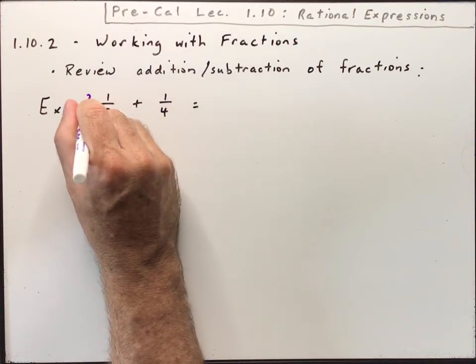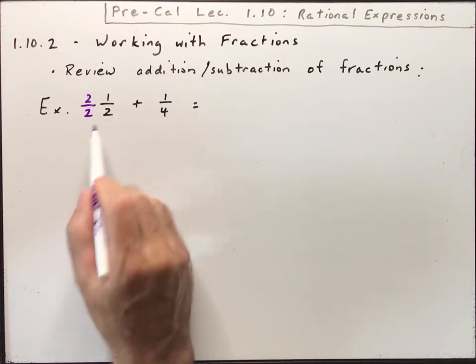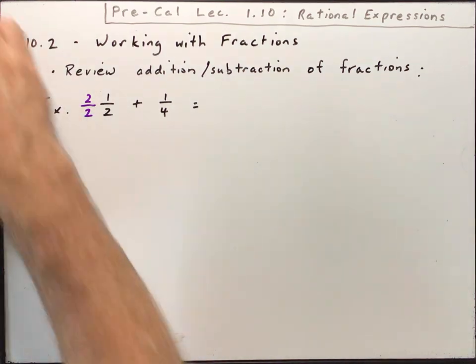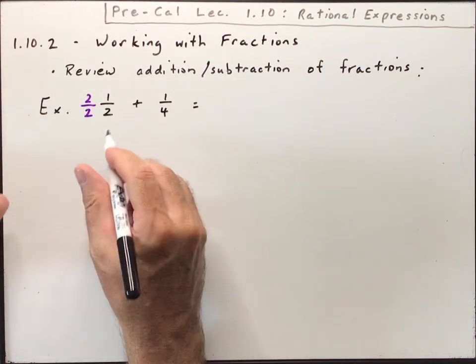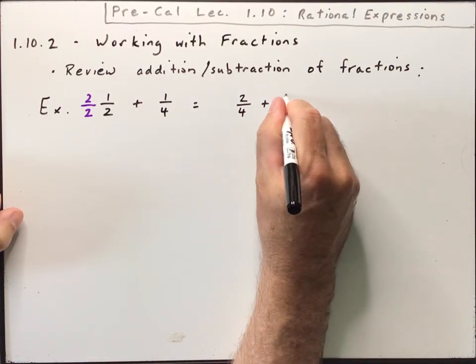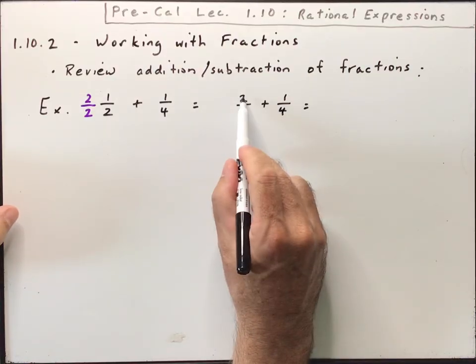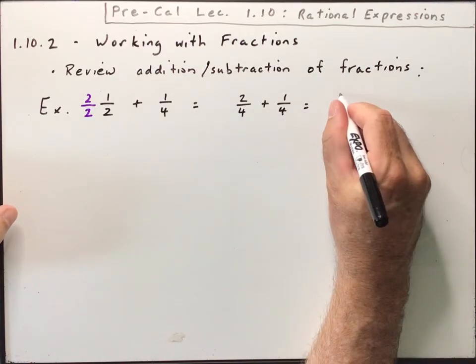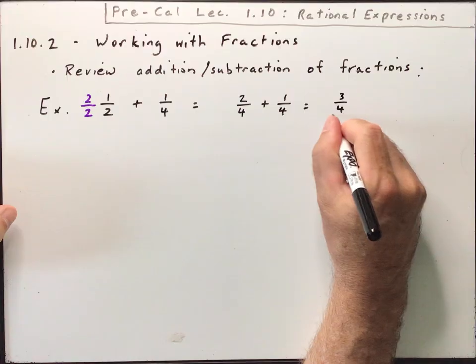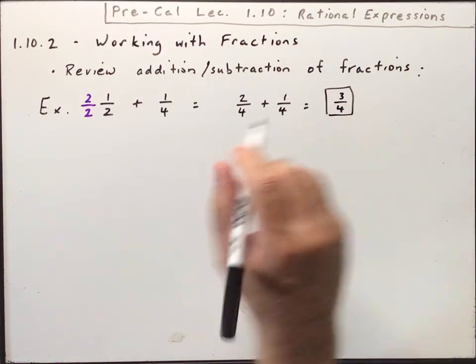All right, because you can multiply anything by 1 and it doesn't change anything. So how about if we multiply this first one by 2 over 2? That's a clever version of 1. So you would get 2 over 4 plus 1 over 4. And now we have a common denominator. We can add the numerators. So that's 3 over 4. So we spend a lot of our time just trying to get a common denominator.